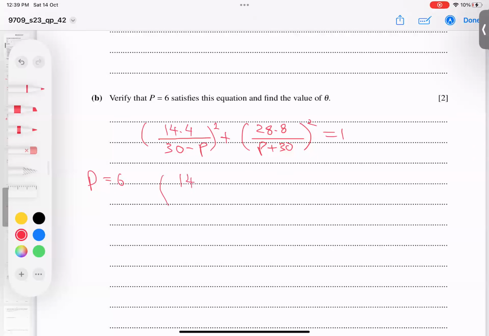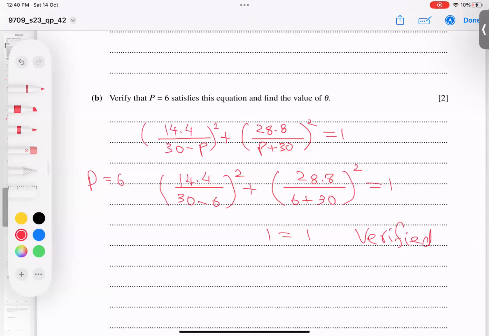So I get 14.4 over (30 minus 6) to the power 2. Same here, 28.8 over (6 plus 30). If I type the whole thing in the calculator, it is a matter of just typing, the answer will come 100%. 1 is 1, so verified.